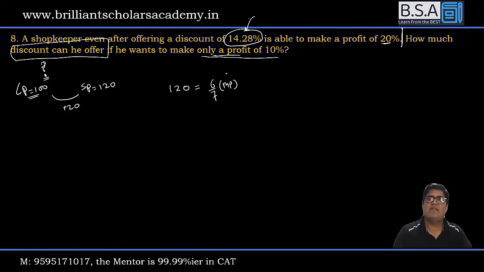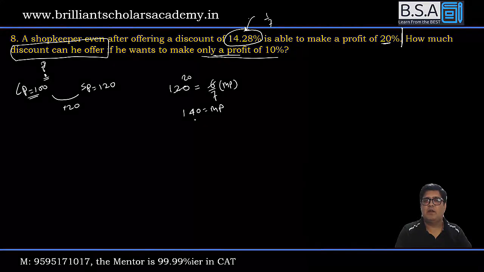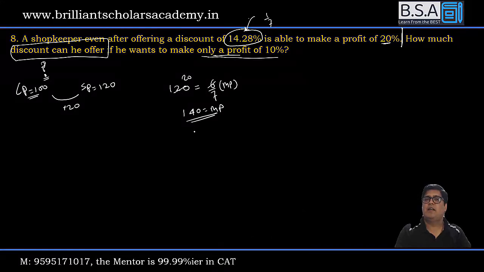Why 6 upon 7? 1 upon 7 is equal to 14.28. Discount, lowering the value, makes it 6 by 7. Cancelled, cancelled 20, cross multiplication. 140 is equal to MP. What is the question? The question is, cost price is rupees 100.